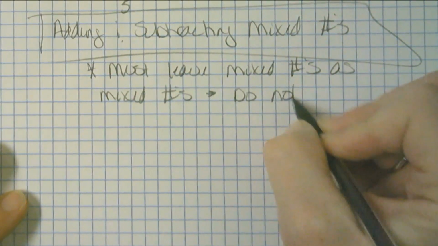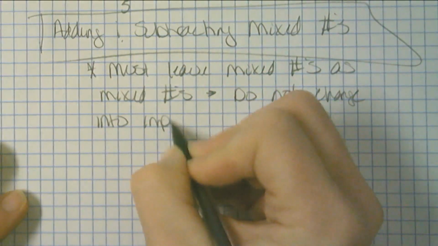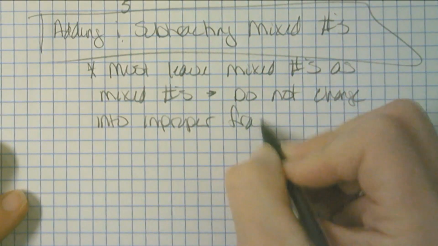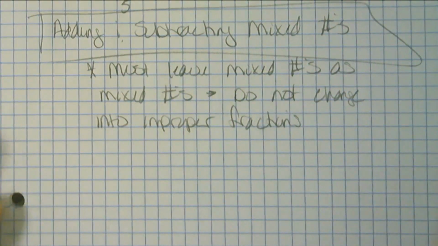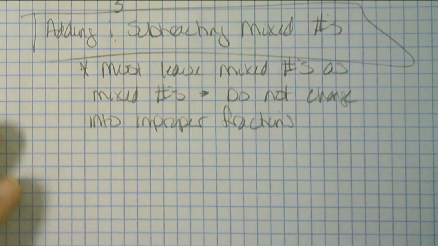Do not change them into improper fractions. That's a big one for me, because I want you understanding the complexity of adding mixed numbers and subtracting, or more subtracting mixed numbers. That's really where it comes in.